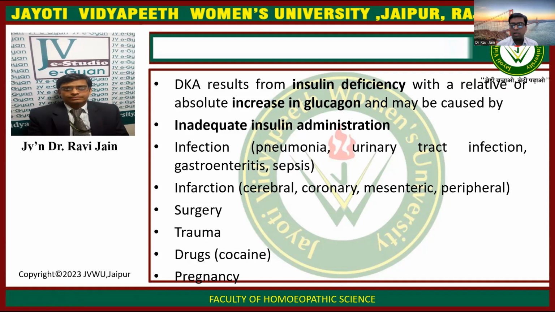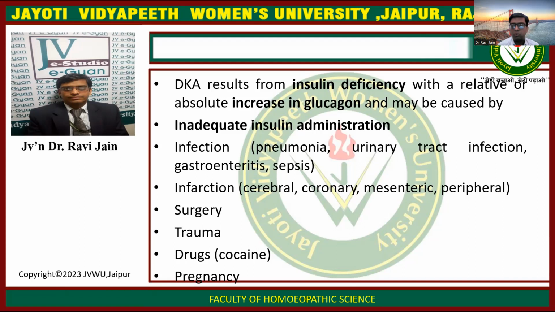Due to deficiency of insulin, glucose cannot be converted into glycogen, and due to increased glucagon, the stored glycogen from the liver is converted into glucose. So there will be increased hyperglycemia.